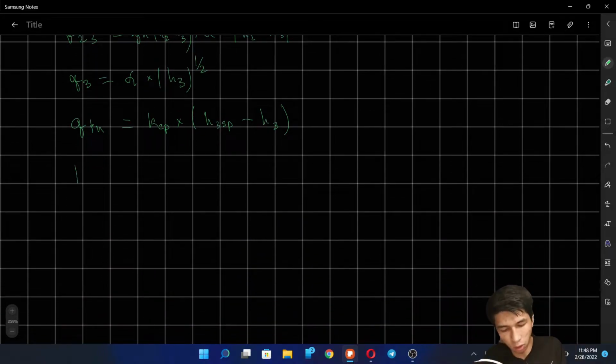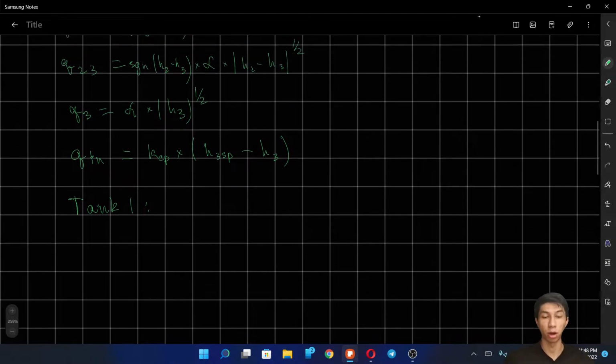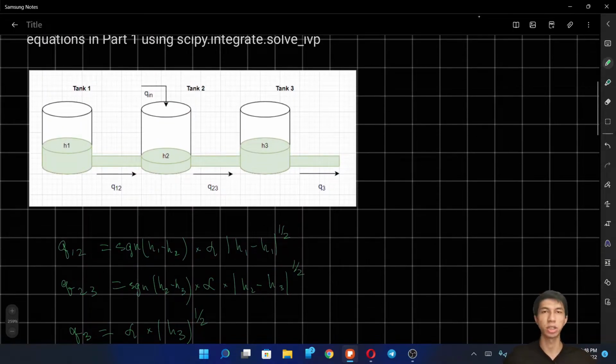For tank 1, what do we know about tank 1? We are given the cross-sectional area of each tank, and we have to find the thing that is going to be changing with time as the flow goes. As the flow goes from one tank to another, the volume of fluid inside a tank is going to change, right?